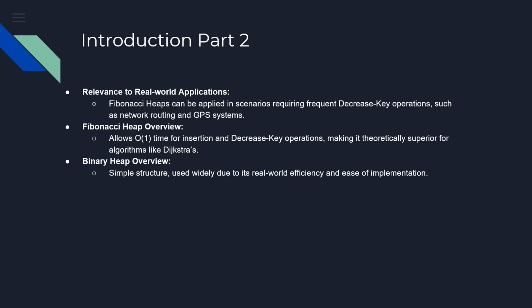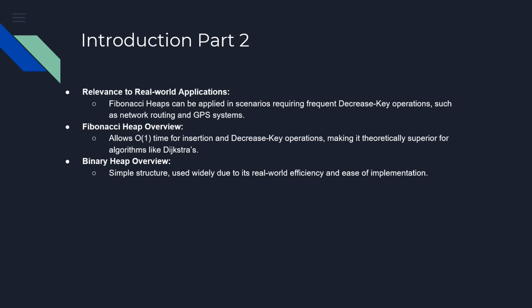Now let's talk about why this comparison matters in real-world applications. Fibonacci heaps, due to their decrease key operations, are practically useful in systems like network routing and GPS navigation, where frequent priority updates are necessary.